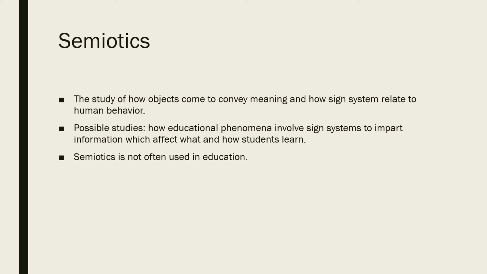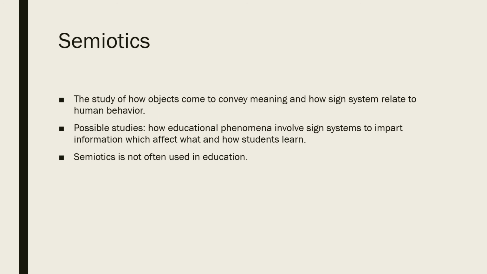And then semiotics is the study of how objects come to convey meaning and how sign systems relate to human behavior. One of the things they mentioned as a possible sign is musical notation. If you were going to look into musical notation, I'm not sure how you would look into that for a study, but this would be under semiotics as it is a sign.